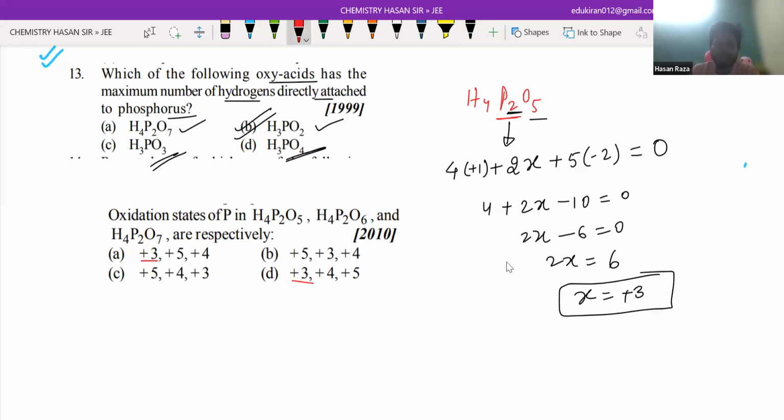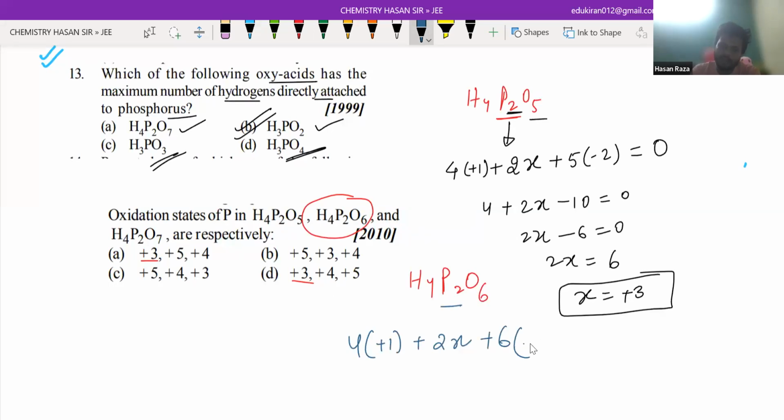Now going for the second one, which compound is H4P2O6. We need to calculate the oxidation state of phosphorus. So it will again be 2X plus 4 into hydrogen, which has plus 1 oxidation state, plus 6 oxygens, and oxygen has minus 2 oxidation state. Overall charge is 0, so it will be equal to 0.